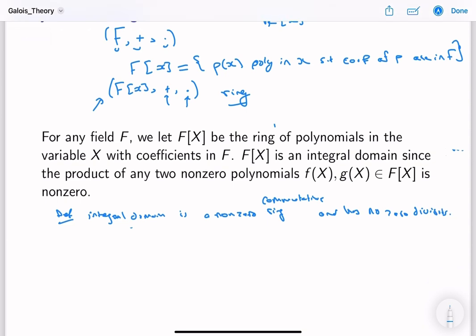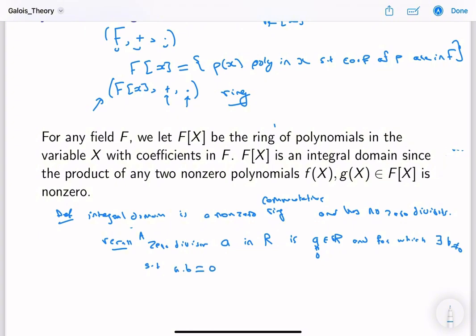And recall just what a zero divisor is. A zero divisor, a number a in a ring R, is an element of the ring R that is not zero, and for which there exists an element b that is not zero, such that a dot b is equal to 0.